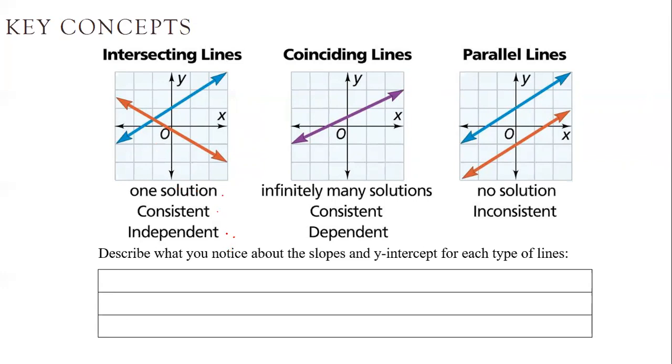When the lines are intersecting, that means that they have different slopes and different y-intercepts.